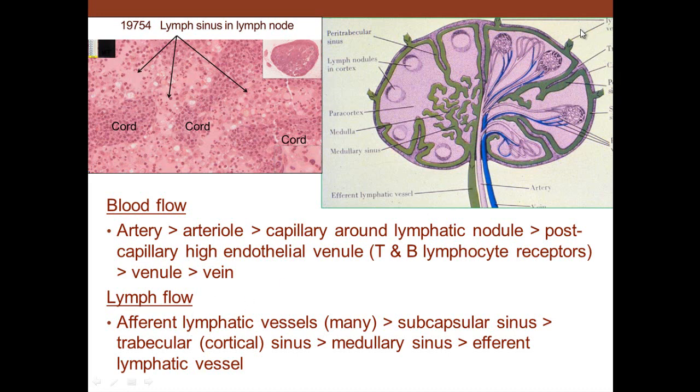For the lymph, you have afferent lymphatics, subcapsular sinus, then the trabecular sinuses through the cortex, into the medulla sinus, and then the efferent lymphatic vessel. So those are the ways that the blood goes in and out, and the lymph comes in and then goes out.